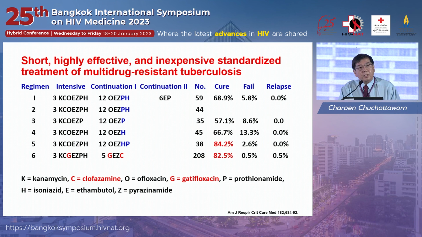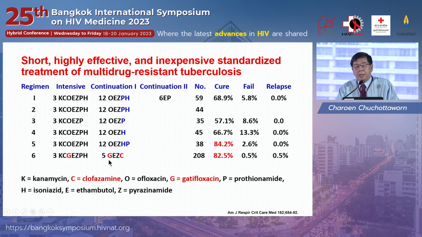They studied in Bangladesh, so the nickname of this regimen is the Bangladesh regimen. They tried to substitute one drug with another drug and see the result of the study. They conducted this study over 6 to 8 years, I think.